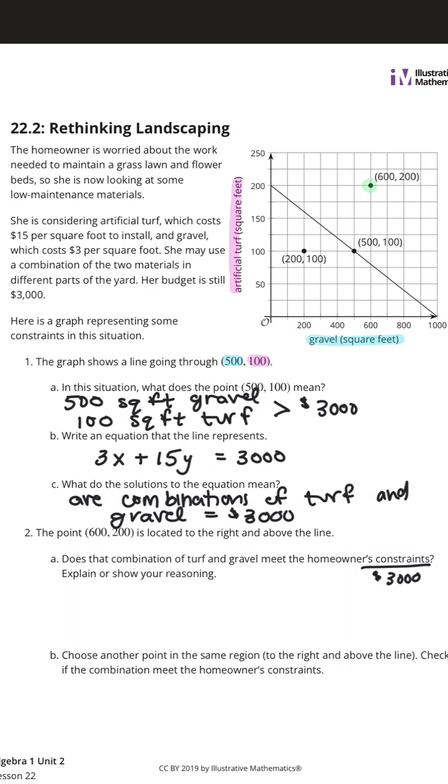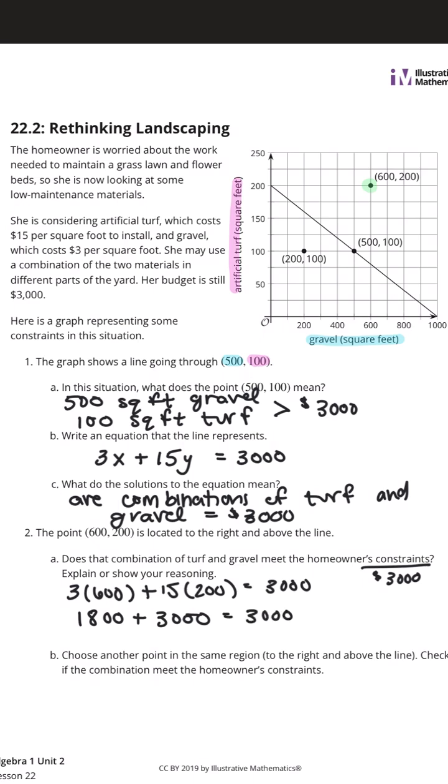I know this doesn't meet the budget of $3,000 because it's not on the line, but I can also plug those values into the equation that I wrote and see that this is going to come out to more than $3,000. 3 times 600 is 1,800. 15 times 200 is 3,000.